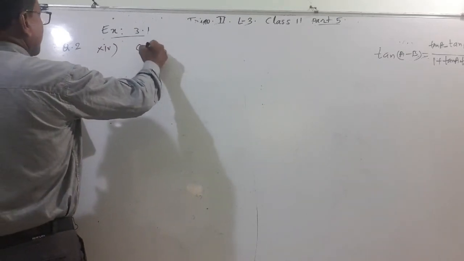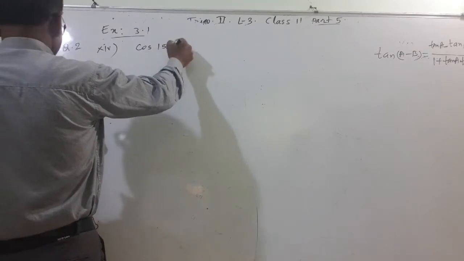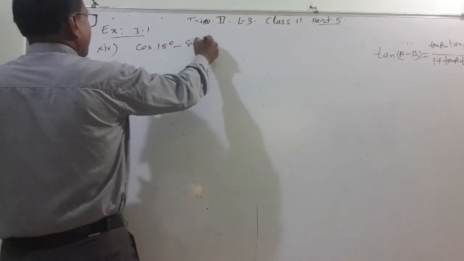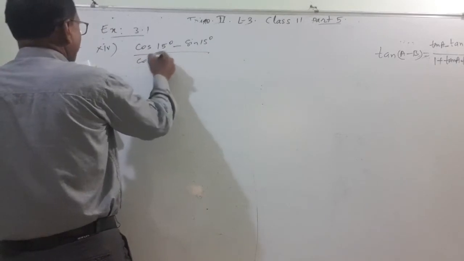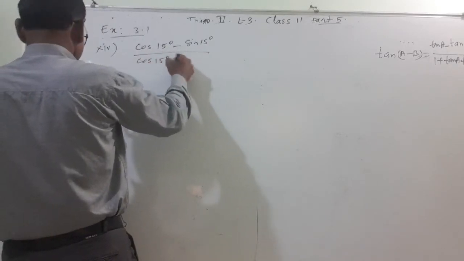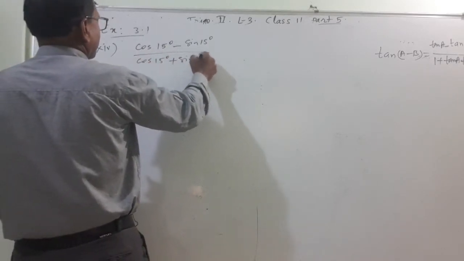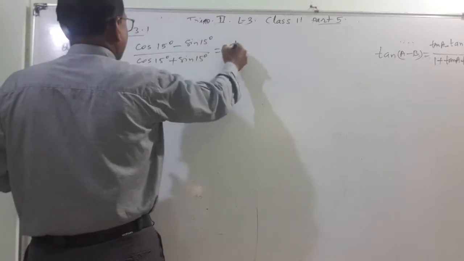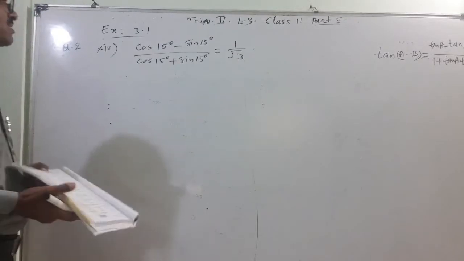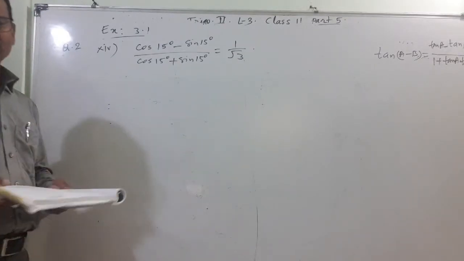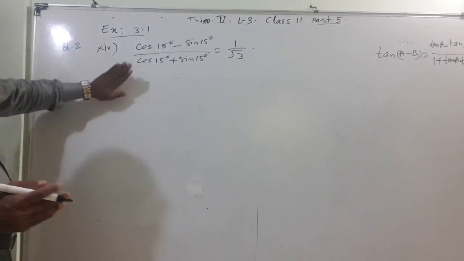Cos of 15 degree minus sine of 15 degree upon cos of 15 degree plus sine of 15 degree is equal to 1 upon root 3, that you have to find. Check how you can do this. I will just give a brief to you.